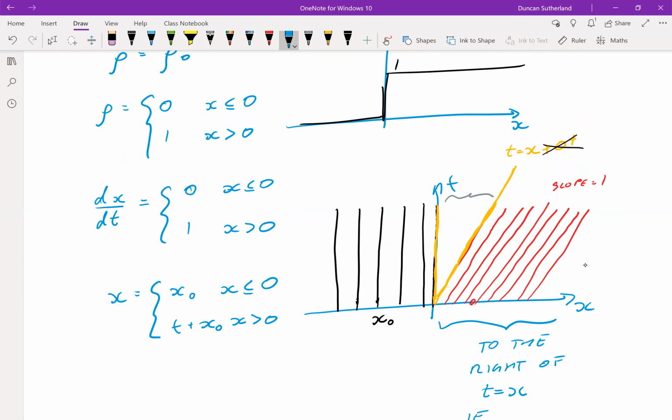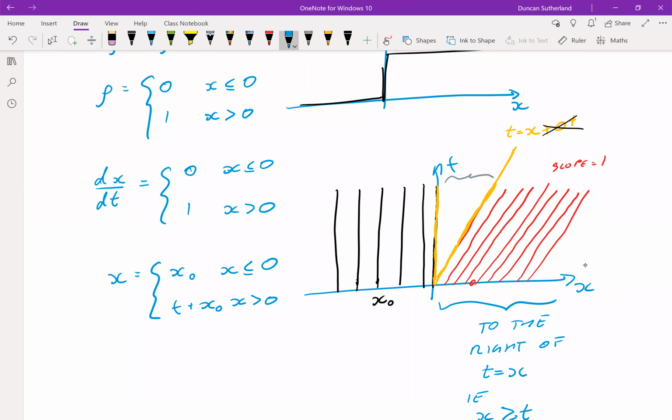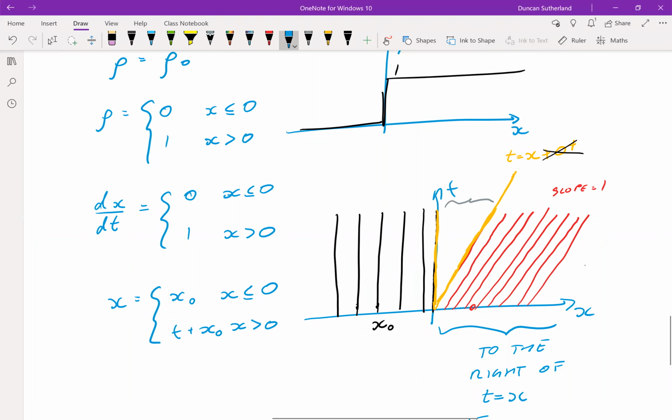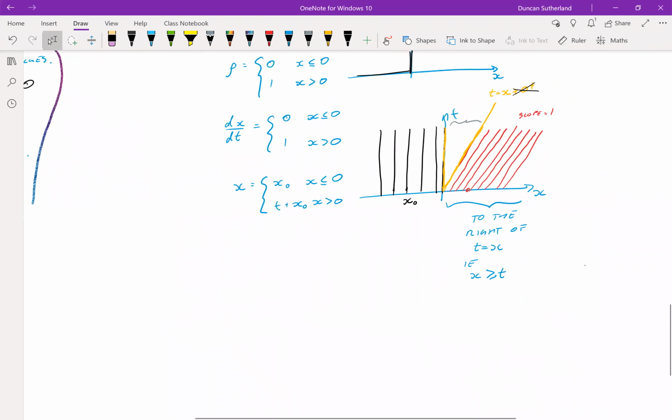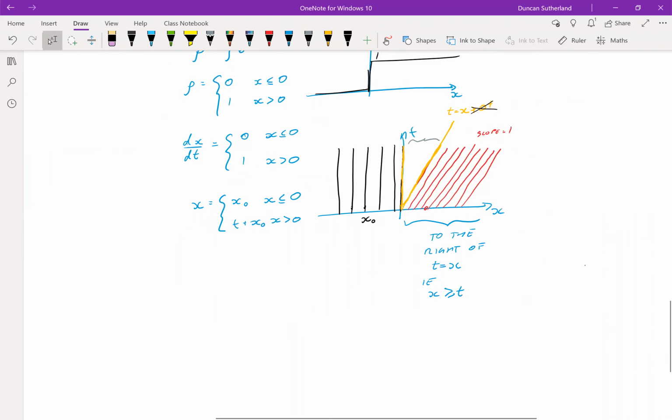So somehow my density has moved out here and is propagating along, because we know that our density is constant on these characteristics.